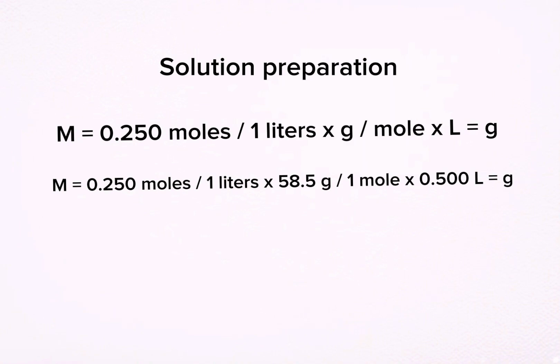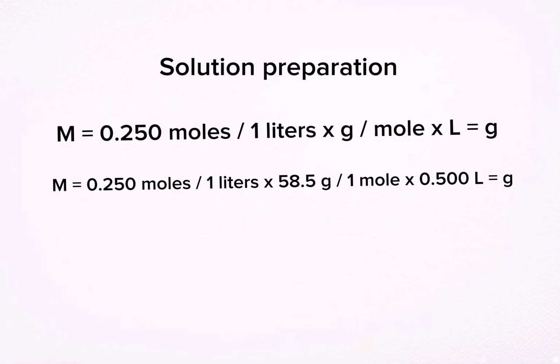For the grams per mole, in 1 mole there is the molecular weight in grams of sodium chloride. Looking it up in a periodic table, it's 58.5.